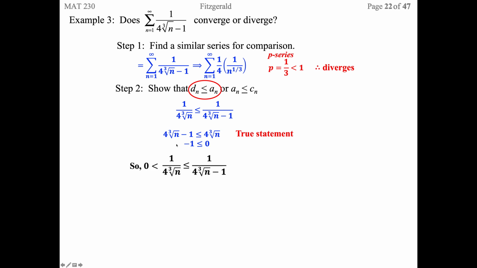And therefore, since 0 is less than our similar series, which is less than or equal to our original series or sequence formula or function, therefore it has to diverge. Okay? So therefore, our original series diverges by the direct comparison test.